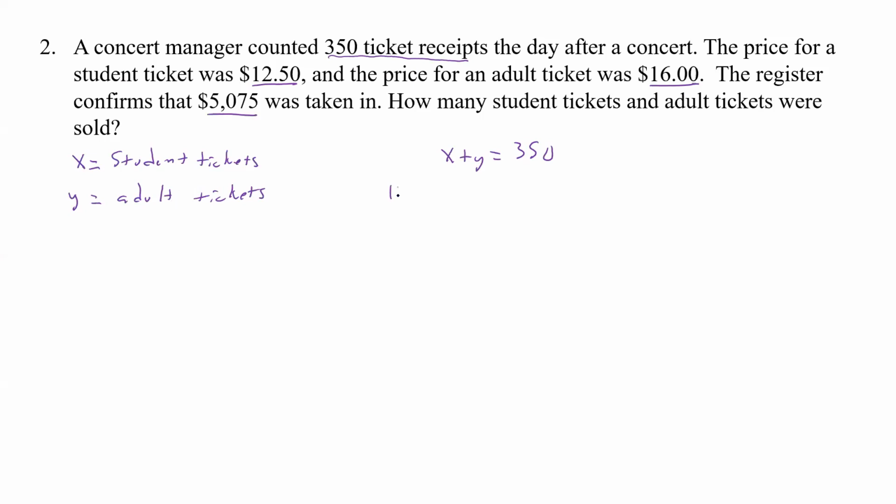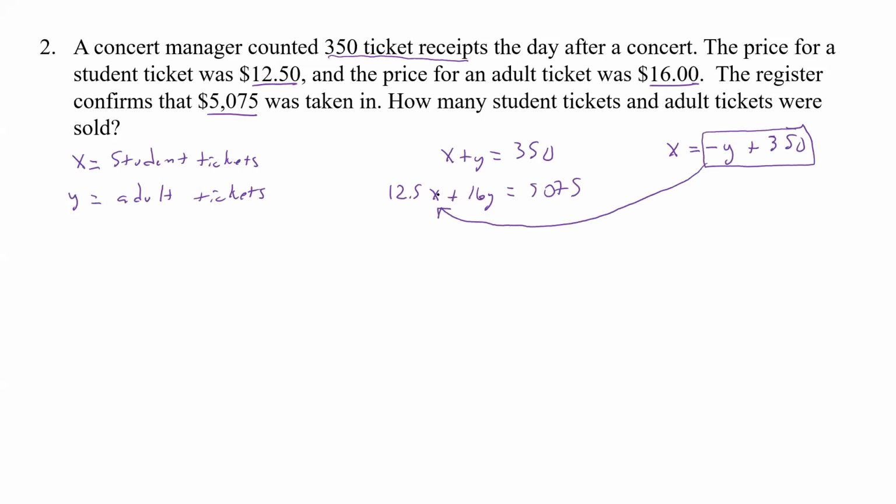So 12.5X plus 16Y equals 5075, then we should be able to solve for X and solve for Y. Now, I think I'm just going to do a substitution again. So if I solve for X, that gives me negative Y plus 350. I'm just subtracting Y from both sides to get X, and then I'm going to plug this into here.